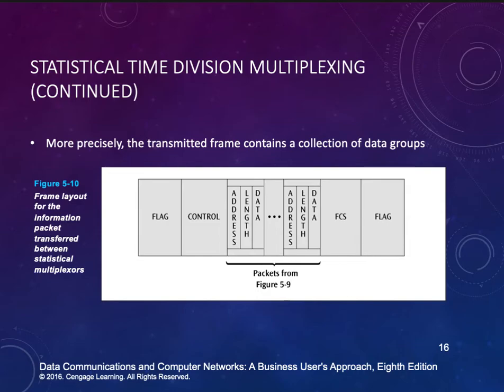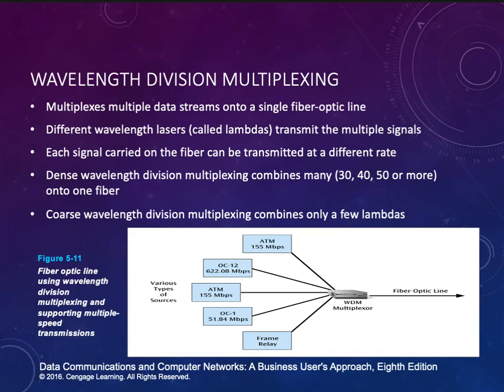Next, we take a look at wavelength division multiplexing. It's the same thing. In this case, using fiber optic, wavelength lasers, called in this case lambdas, transmit the signal, and it combines 30 to 50 wavelengths into one fiber.